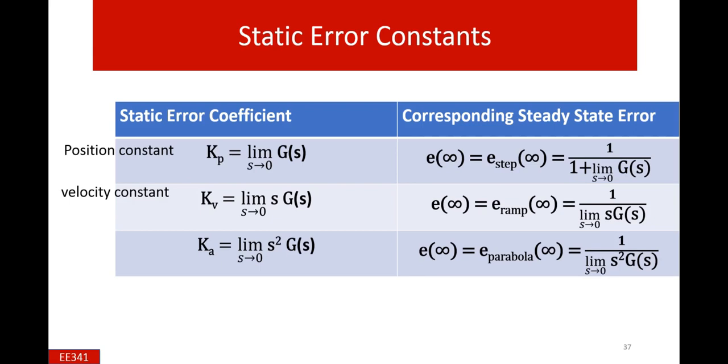And this is observed when we apply the ramp input, and the steady state error is 1 over the constant. And similarly there is the acceleration constant, defined as s squared times the open loop transfer function at s equal to 0. And the corresponding steady state error is 1 over the constant when there is a parabolic input.